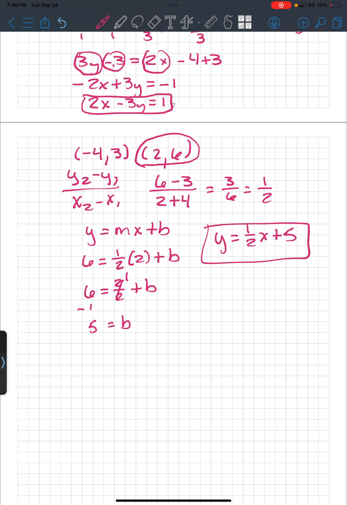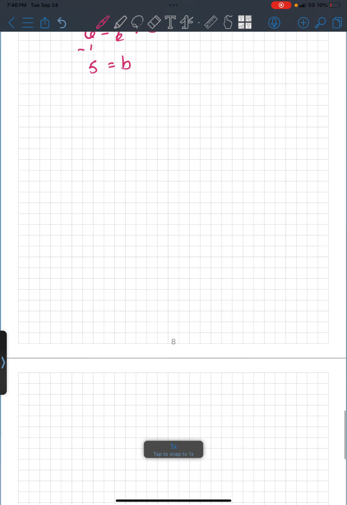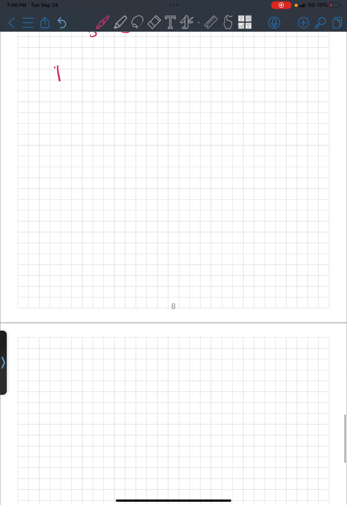That was example 3. There's 2 things you need to know. Parallel lines, and if you forget how to write parallel, there are parallel lines in the word parallel.